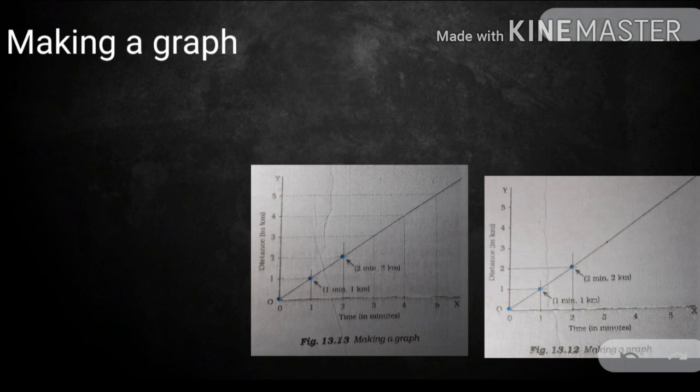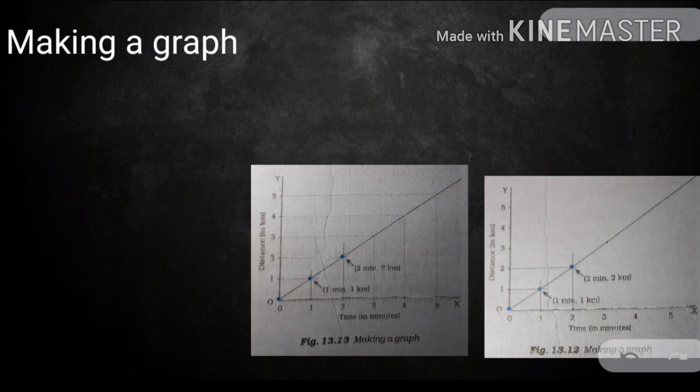Then we will choose one scale to represent the distance and another to represent the time on the graph. Suppose time is 1 minute, so 1 minute equals 1 centimeter. Then distance 1 kilometer, so again the measurement will be 1 centimeter. Then we will mark the values for the time and the distance on the respective axis according to the scale that we have chosen.